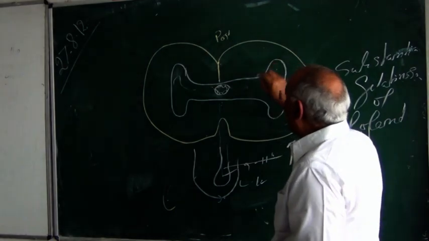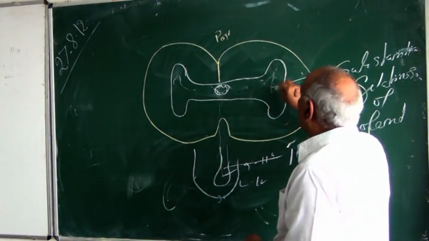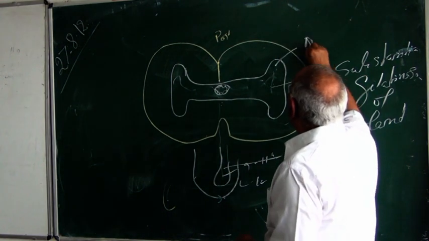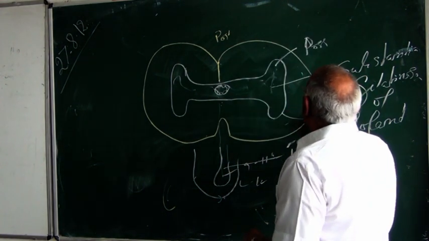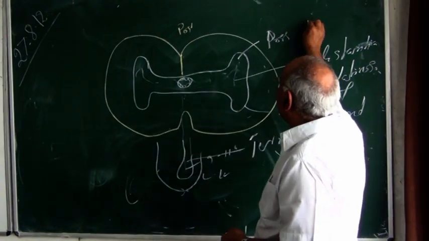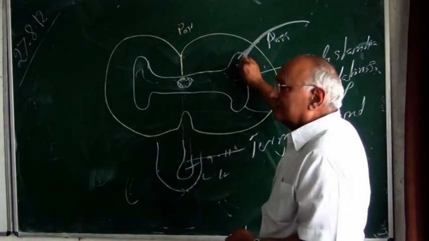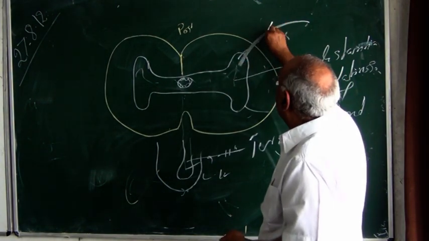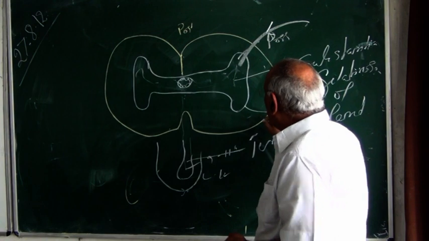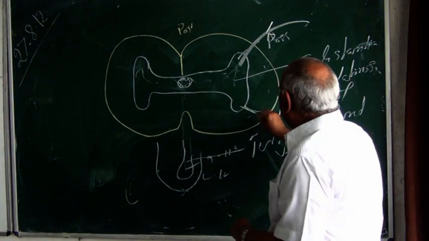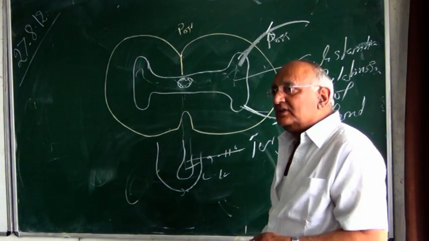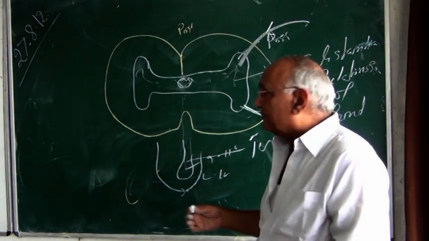Now, as I told you, it has an anterior horn, a posterior horn, and an interior horn. Now the posterior horn will receive orders through the posterior root, and anterior horn cells send orders through the anterior root.